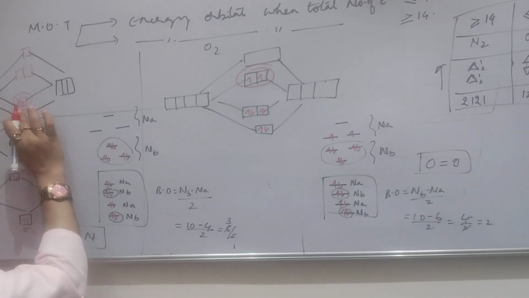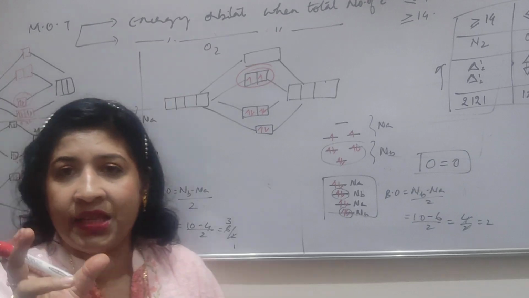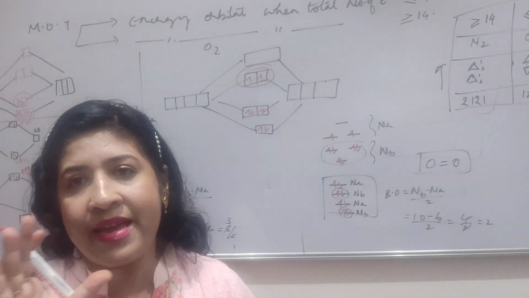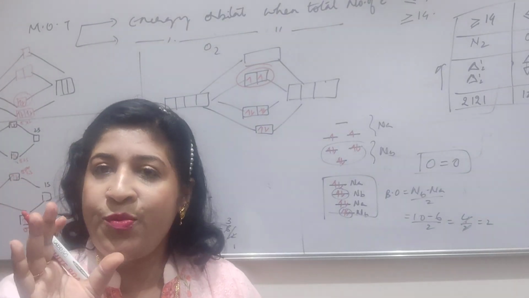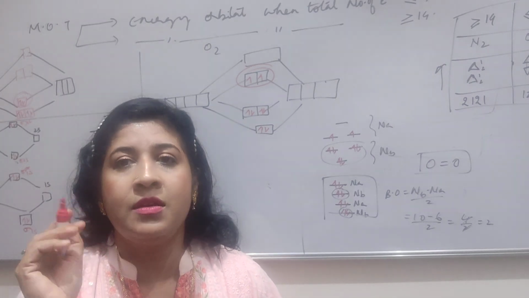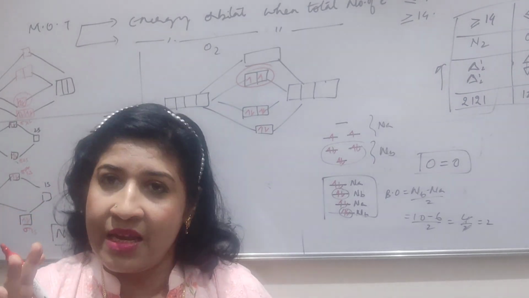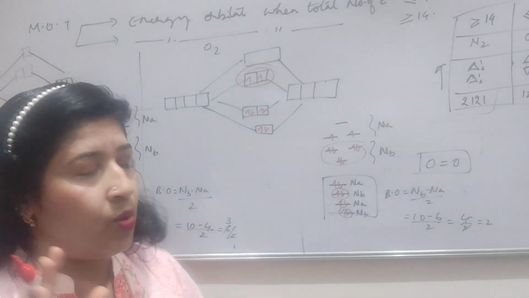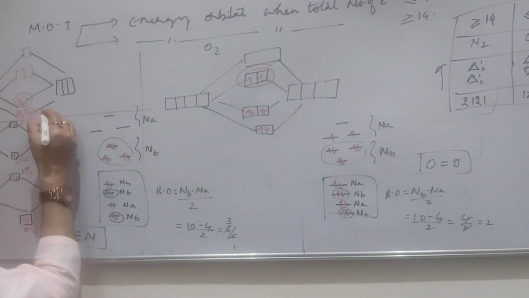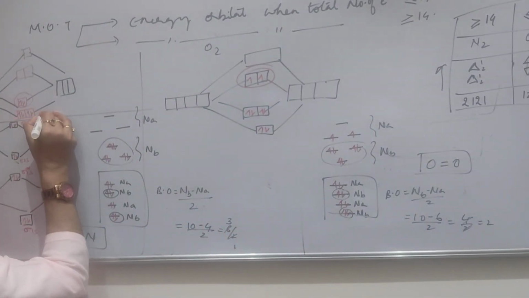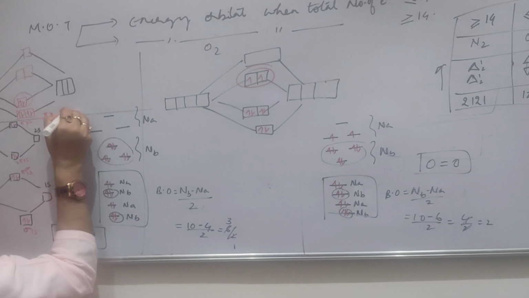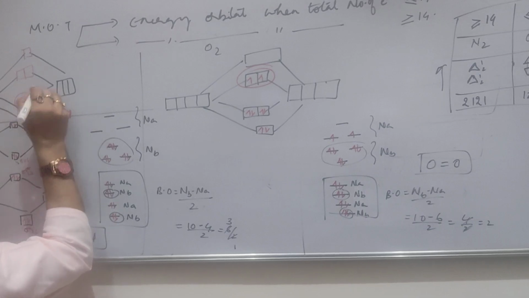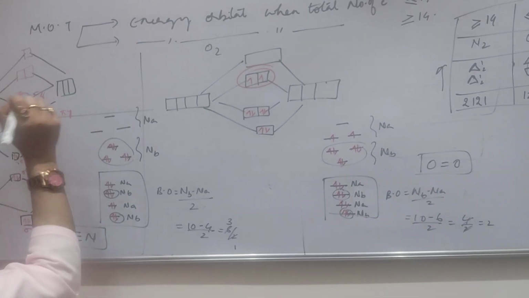Always, whenever there are two orbitals, it is pi x and pi y, and whenever there is one orbital, it will be sigma. So z is always sigma, x and y are always pi, if this is known. So this will be pi x and pi y. This will be sigma z. Pi x, pi y and sigma z.